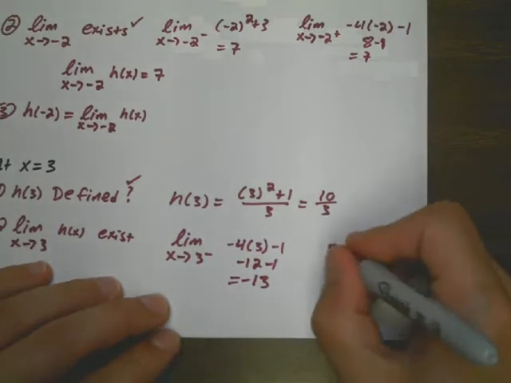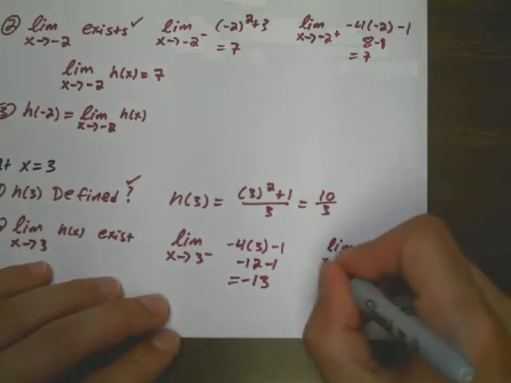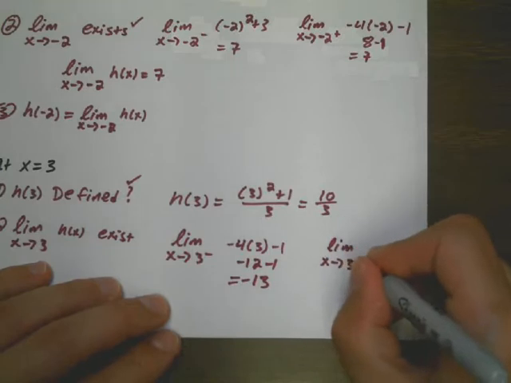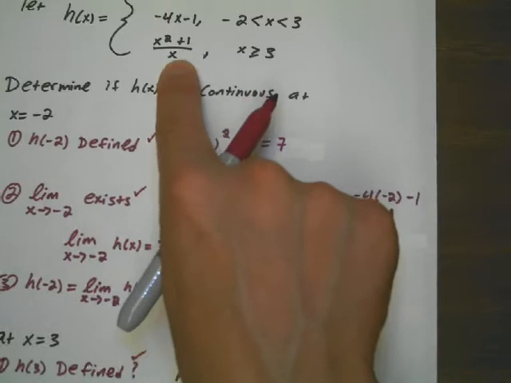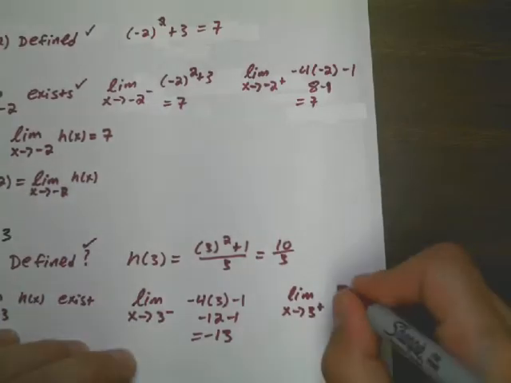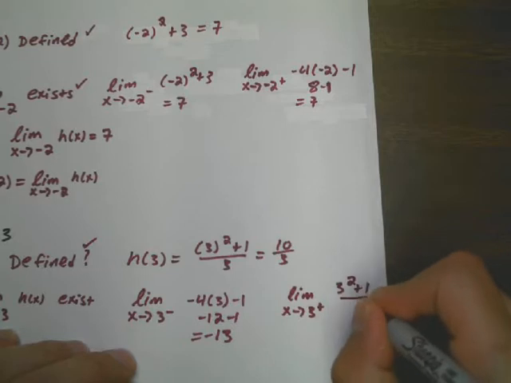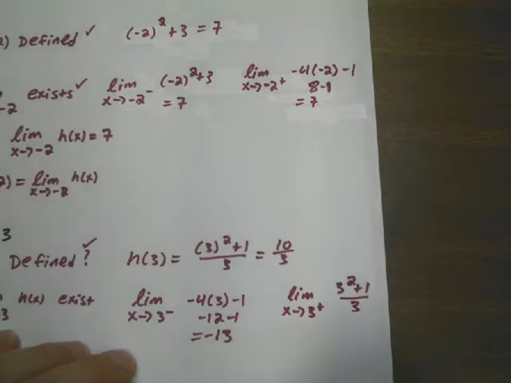And the limit from the right, all the values that are a little bit past 3 from the right, that's going to be this definition, the bottom one. It's going to be 3 squared plus 1 all over 3, which is going to give me 10 over 3.